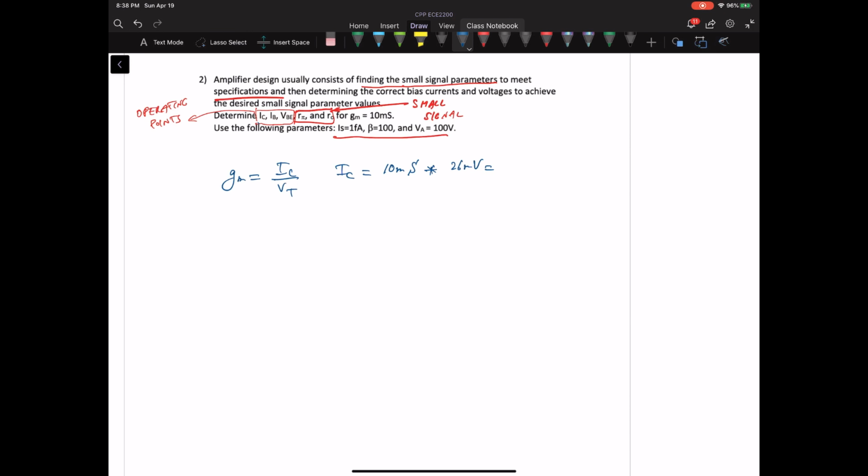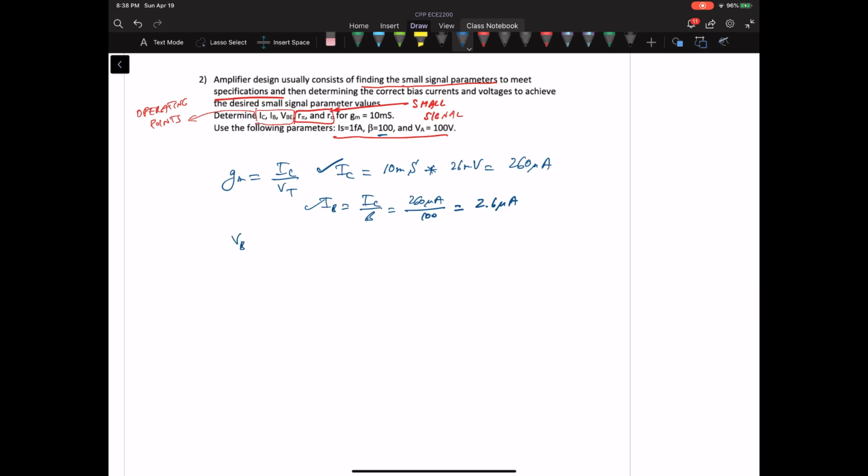So I got 10 millisiemens times 26 millivolts. That is 260 microamps. So that's I sub C. I sub B is just I sub C over beta, so it's 260 microamps over beta, which is given at 100. So this is 2.6 microamps.